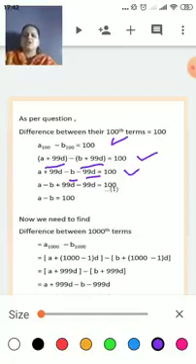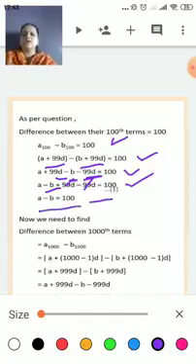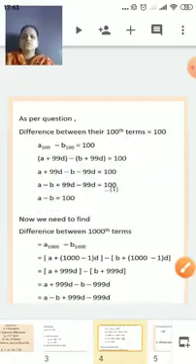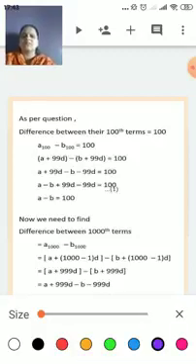Now take the like terms together: a minus b, and 99d and minus 99d get cancelled, which equals 100. So the next step is a minus b equals 100. We got one more step, which is very important to solve.